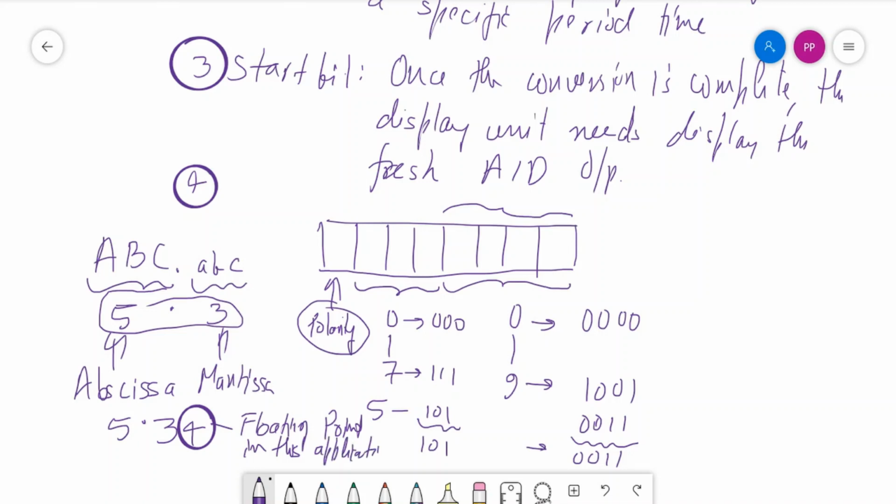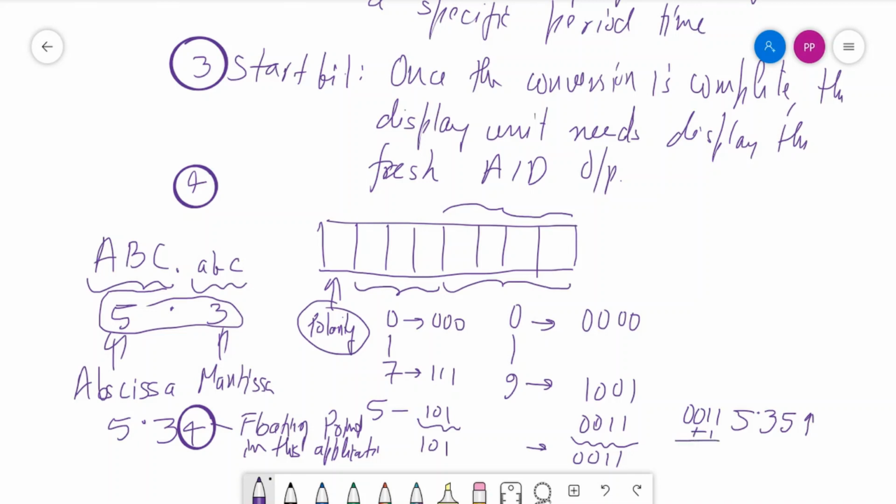Because for 4 I don't have any provision, IEEE has defined a technique for this. If this is 5.35 and above, then you assign the bits 0 0 1 1 for 3 plus 1 bit.